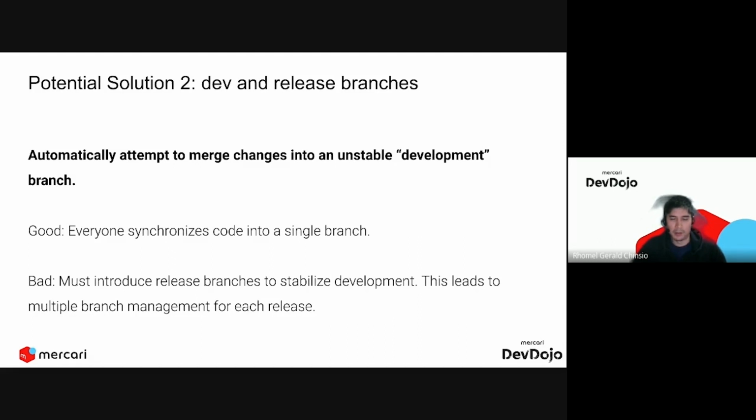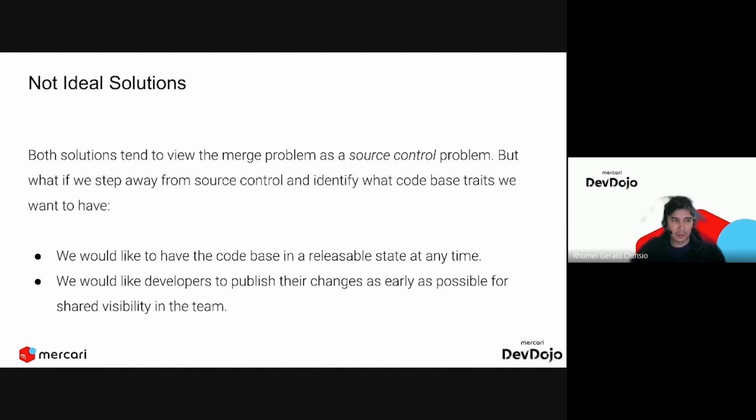The problem here is that when we actually want to release, someone has to figure out if the dev branch is worthy of releasing. And that is a lot of work. So neither of these solutions are ideal. In both solutions, we're pushing the effort towards our source control system.